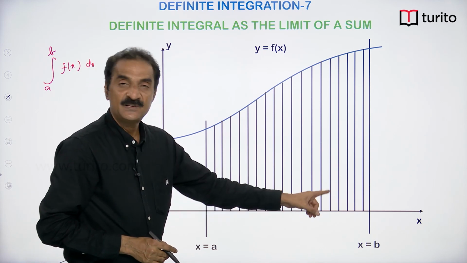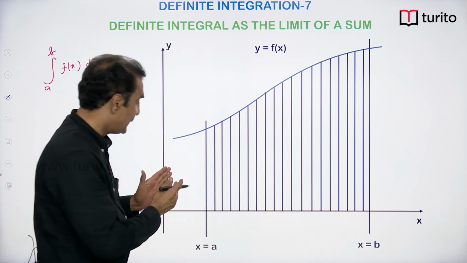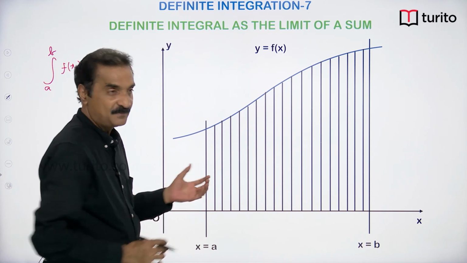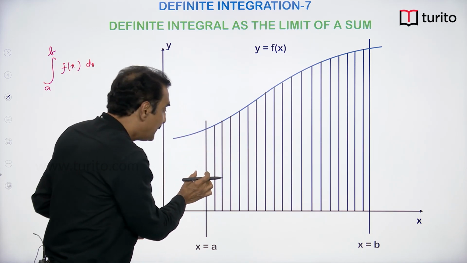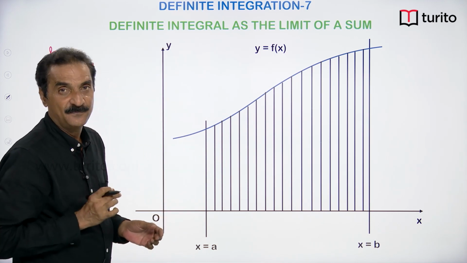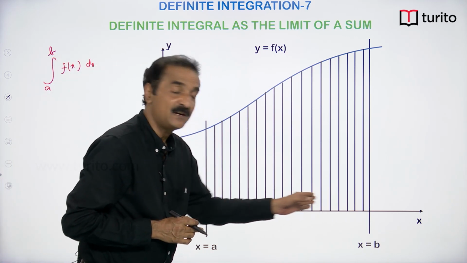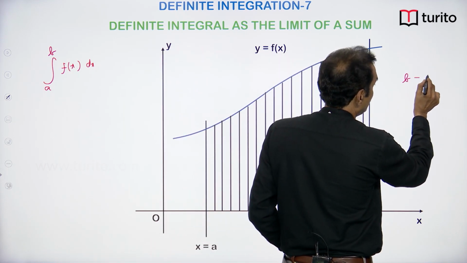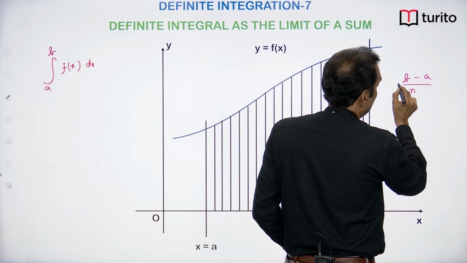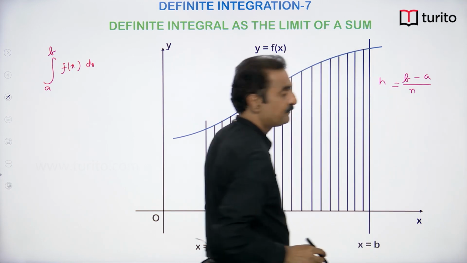Divide this interval into n equal parts. Then what is the length of each part, means each width? There are many strips now. Width of each strip will be b minus a divided by n. Let us denote it by h.